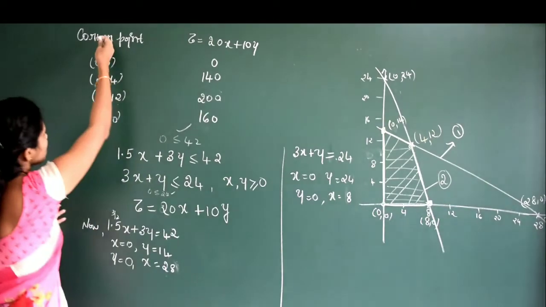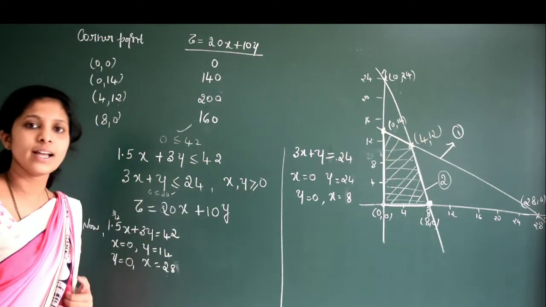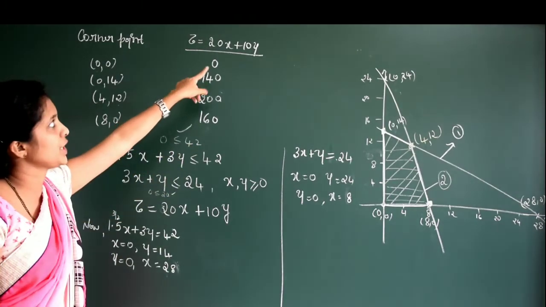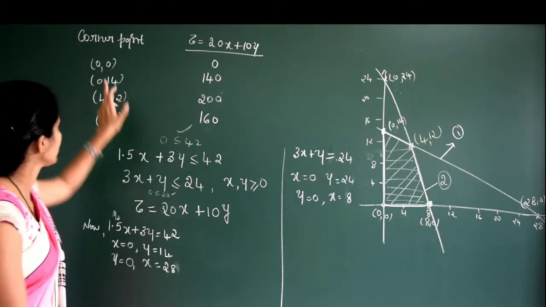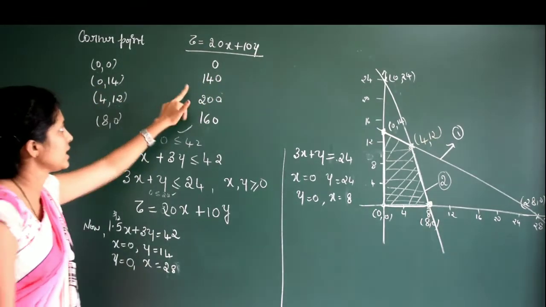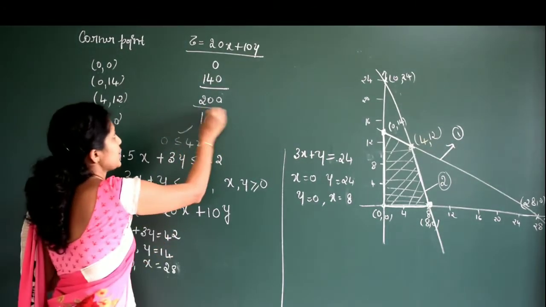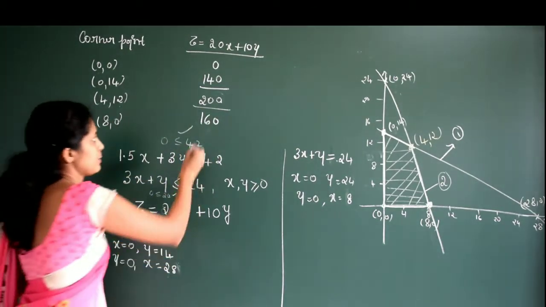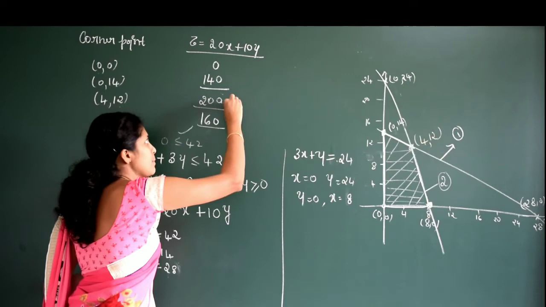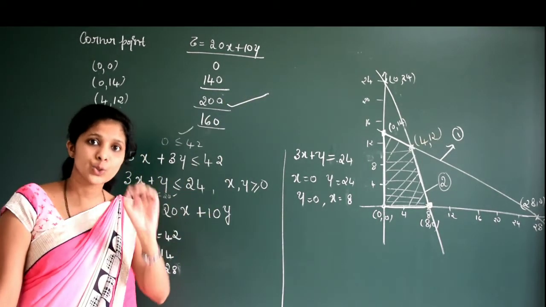So substitute the corner points in the value Z, the objective function, 20x plus 10y. If you substitute 0 and 0, this will be 0. 0 and 14 will get 140. 4 and 12 will get 200, and 8 and 0 will be 160. So the maximum profit is 200 rupees. Is it clear? Maximum profit is 200 rupees.